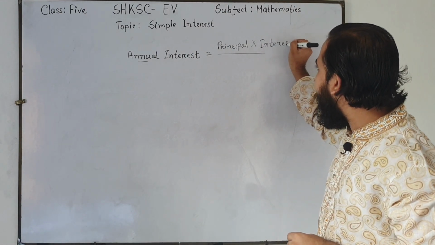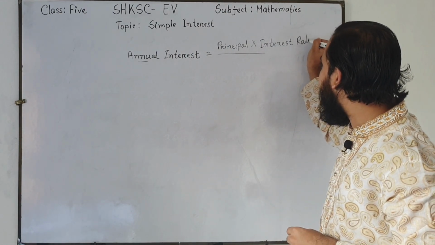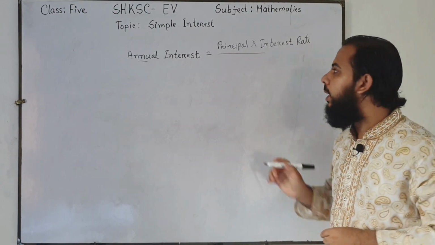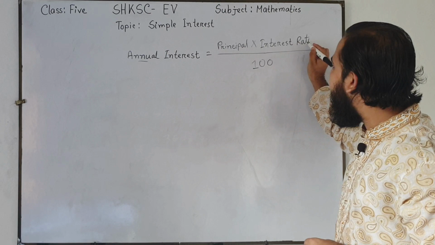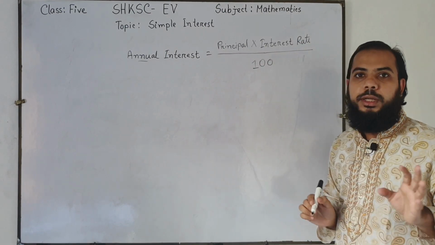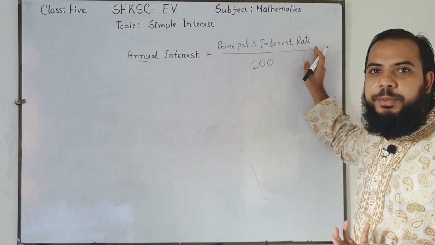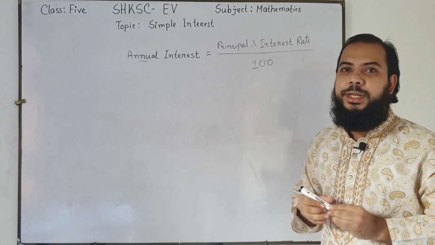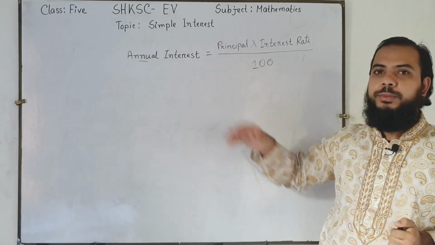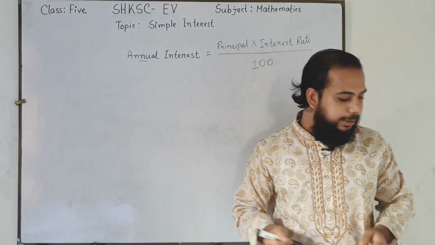The interest rate will be given as a percentage, so you have to remove the percentage sign and divide by 100. So this is the formula of annual interest. With this formula we will now solve some questions.